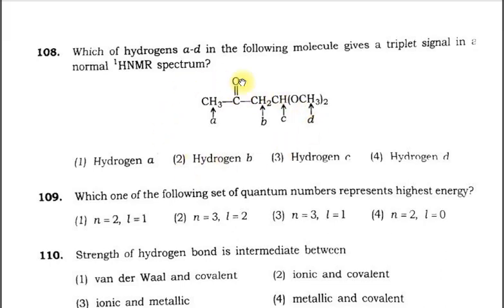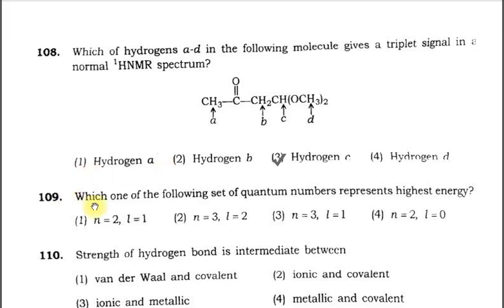Here the structural formula is shown, with the carbons labeled A, B, C, D, and the options are hydrogen A, hydrogen B, hydrogen C, and hydrogen D. The correct answer is option number 3, which is hydrogen C. The signal results from spin-spin coupling with two equivalent adjacent hydrogen atoms.